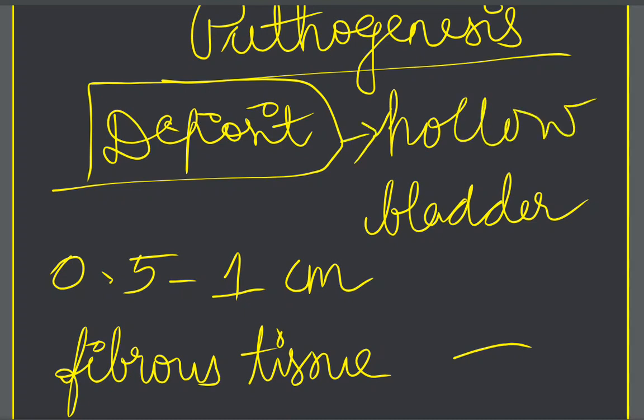This becomes the Hydatid cyst later. It develops into a hollow bladder and gets filled with cystic fluid. Then it develops into a Hydatid cyst.